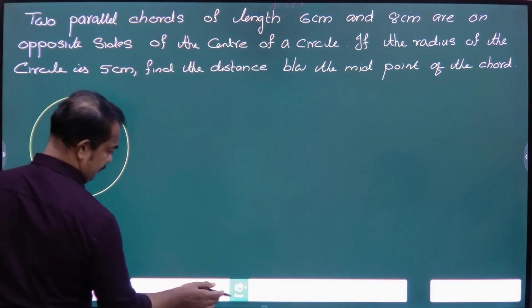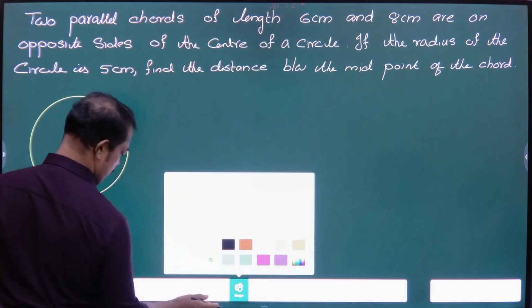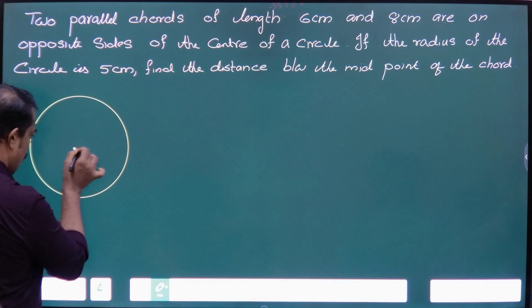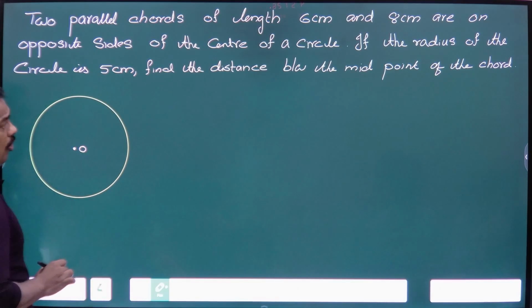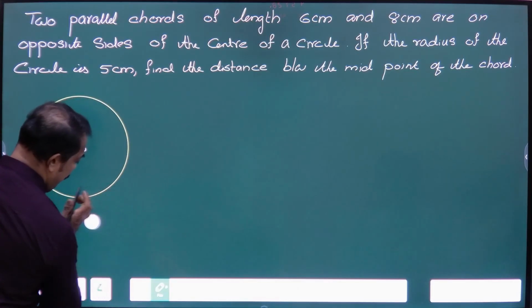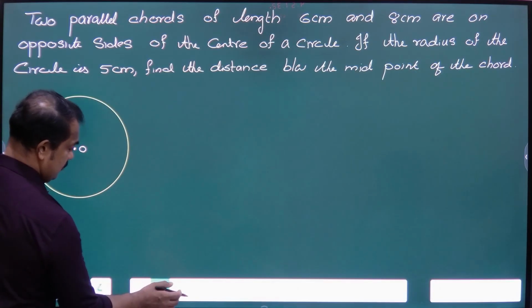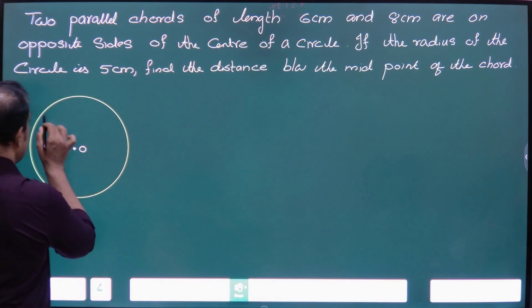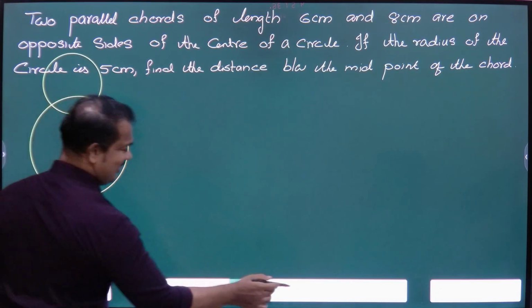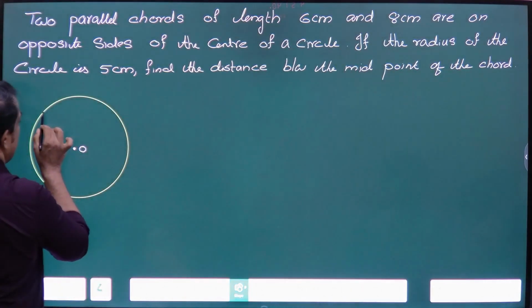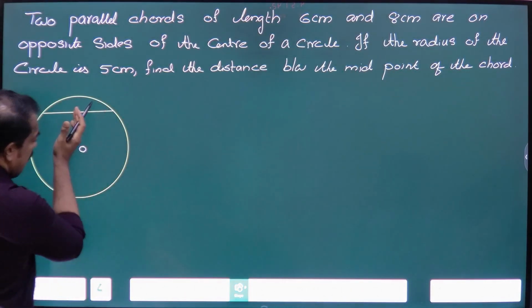Same figure. Center O. These two chords lie on the opposite side of the center. Means, listen, one chord is here, this is the one chord, and the other is on the opposite side.